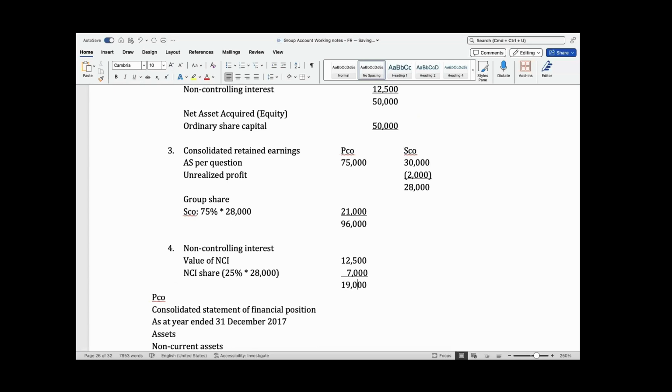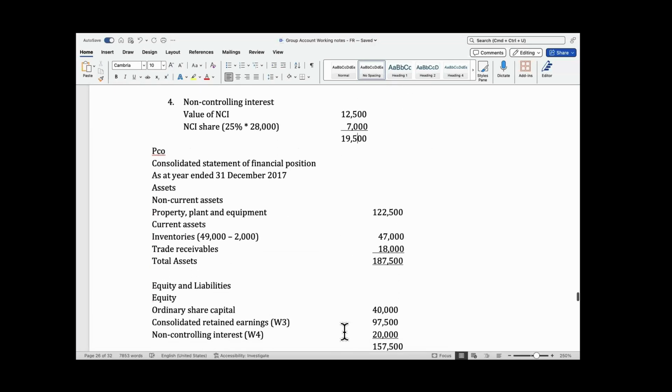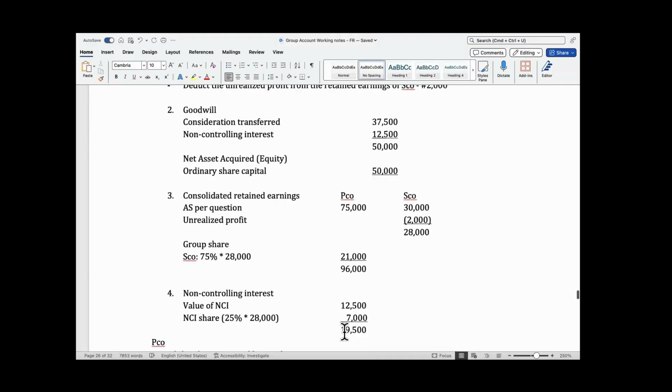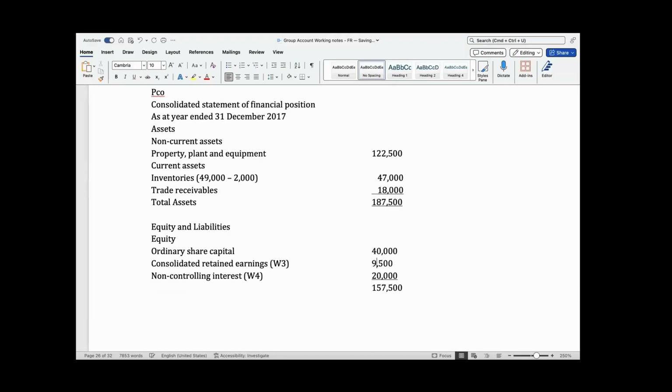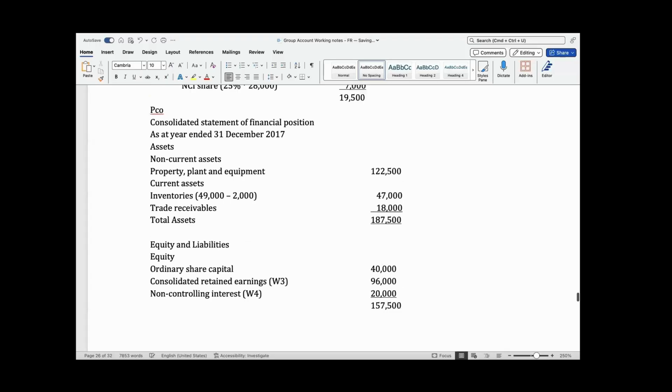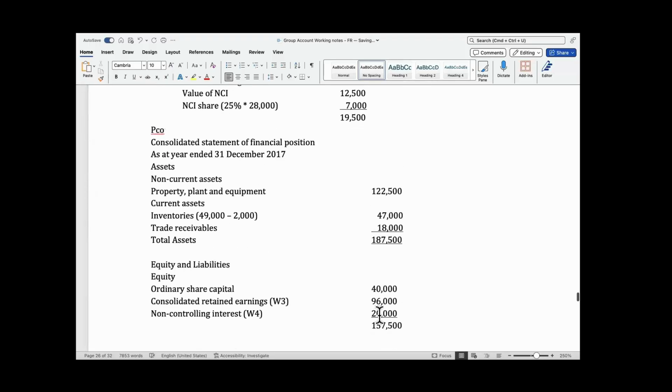This is 19,500. So this retained earnings will change to 96,000. While this one will change to 19,500. It should give us the same answer. Does that mean that the account is not balanced or what, sir?